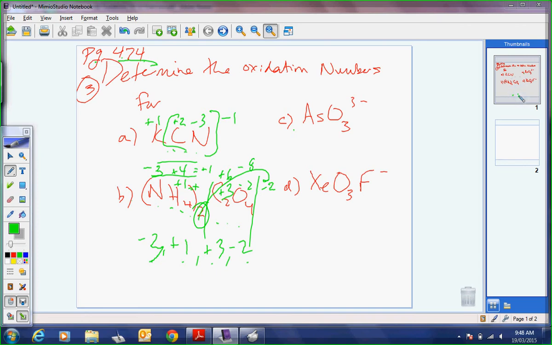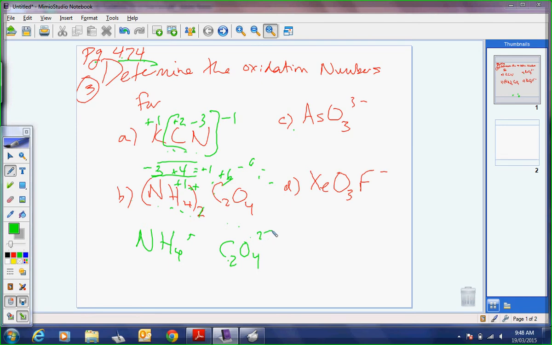Okay, Rachel. How do you know the overall charge of the second one is -2 and not +2? Because when I'm looking at the original ion, it is made up of an NH4 positive and a C2O4 negative.